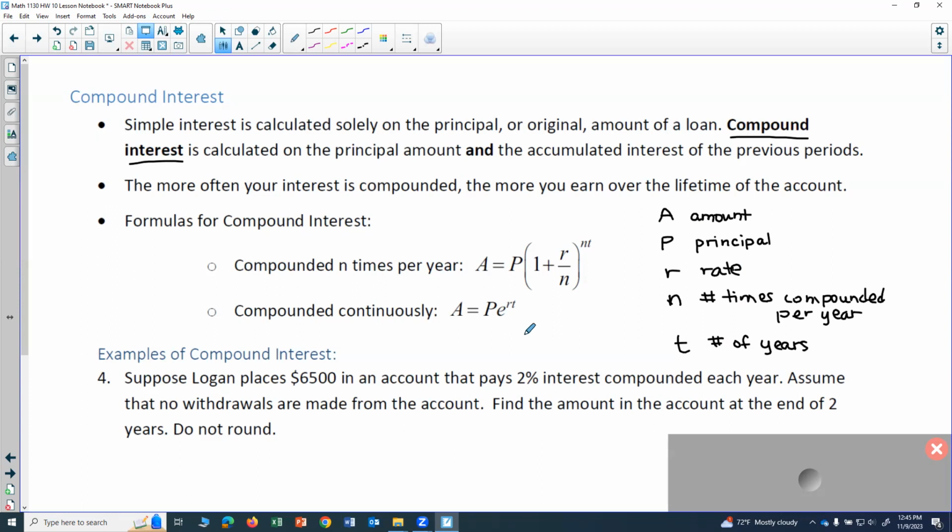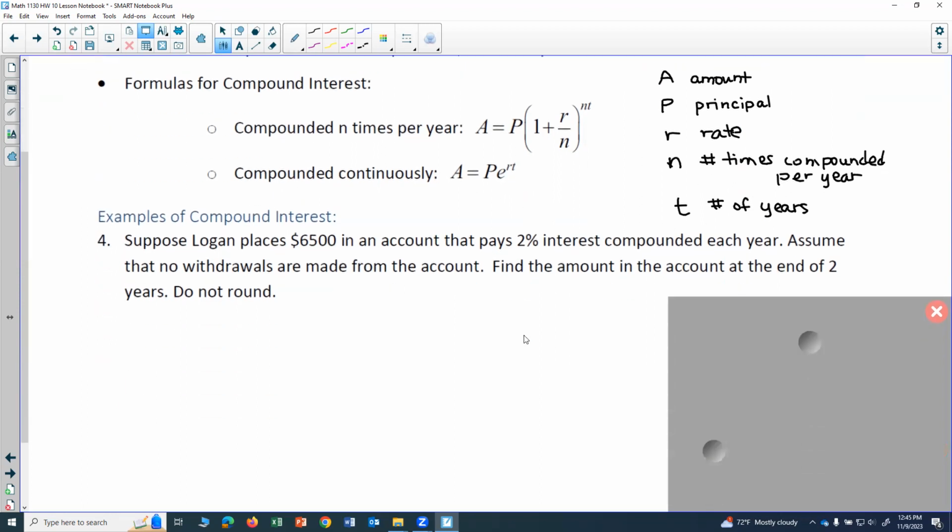Let's look at a few examples. I'll leave the formulas up there. So suppose Logan places $6,500 in an account that pays 2% interest compounded each year. So it's compounded yearly. Assume that no withdrawals are made from the account.